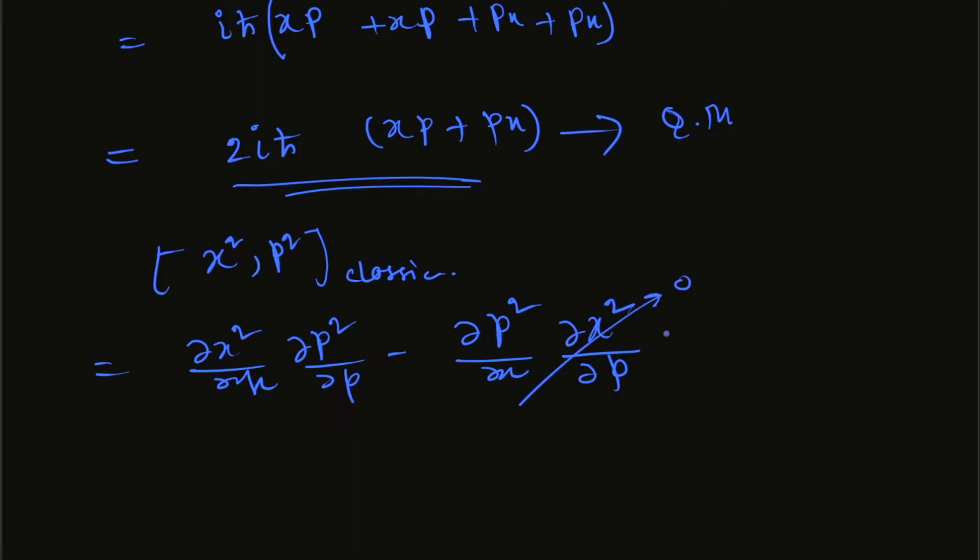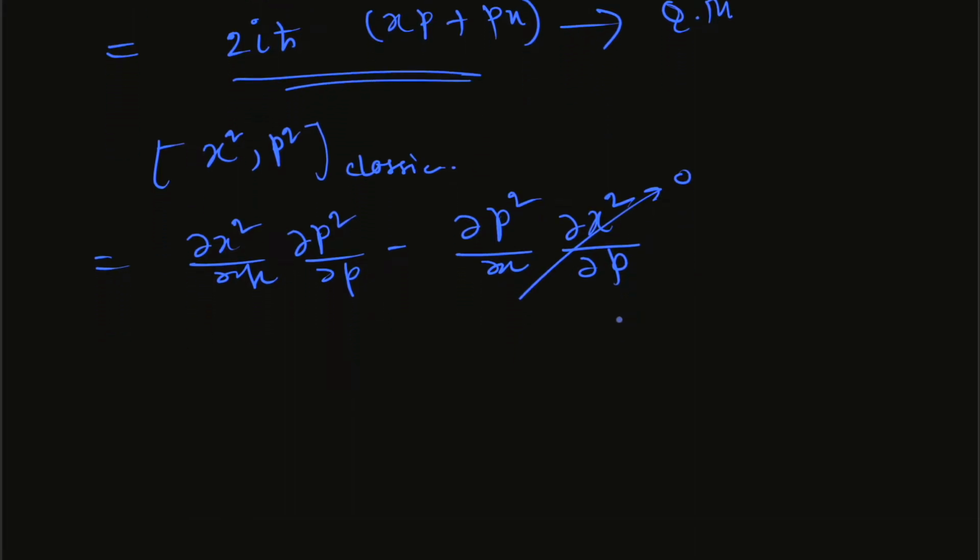This is 0 since x and p are independent. That means here we'll get 2x and 2p. That means 4xp. Since in classical mechanics xp is equal to px, that's why this term adds up and this will be 4.